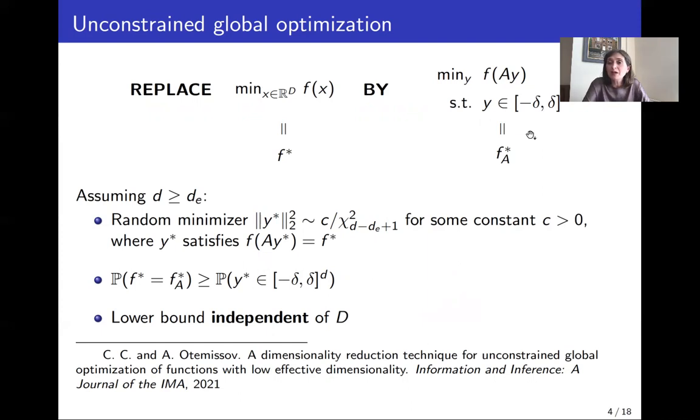But we are going to look at whether we could constrain this problem. If we have no constraints in the reduced problem, when we solve the reduced problem with probability 1, we will find a point y* that, if we then project back into R^D, will give us a global minimizer of the original problem.